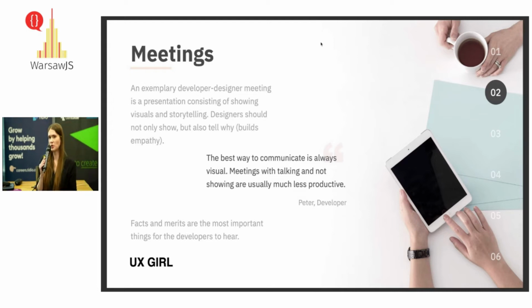The developer is not just a mechanical person who only listens to what should be done. Everybody has empathy, and it's much easier to talk about something when all the people know the same story behind it. So if you're a developer and the designer is just showing you things, you can just ask. It's not that the designer is hiding something and doesn't want to tell you. Probably they just didn't think it's important for you to know these things.